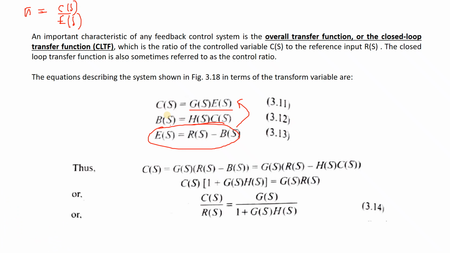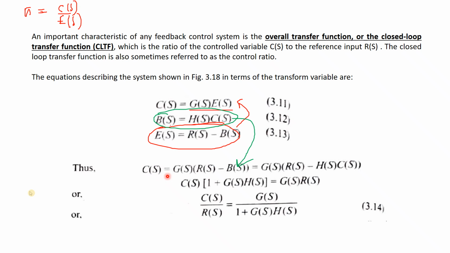Step by step, using equation 3.11, the value of ES will be replaced using equation 3.13, so it is GS into RS minus BS. And in BS, we will replace the value of BS from equation 3.12. So it is GS into RS minus HSCS.